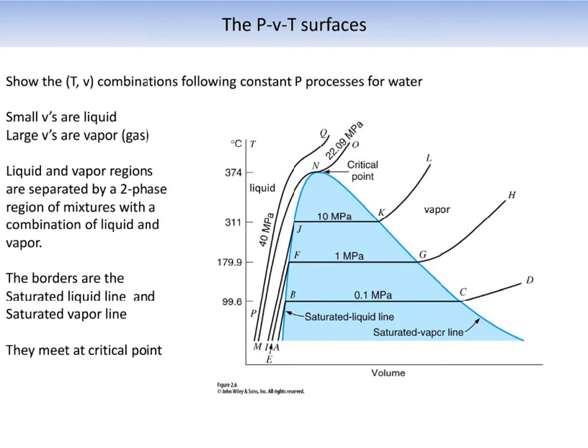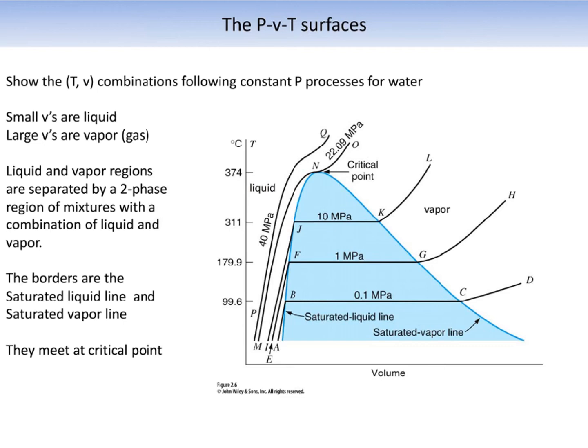So let us consider the constant pressure boiling process. But initially, let us see what the graph is and how to read it. On the y-axis we have temperature, and on the x-axis we have the specific volume. Specific volume, you know, is the reciprocal of density, and it's the volume per unit mass.